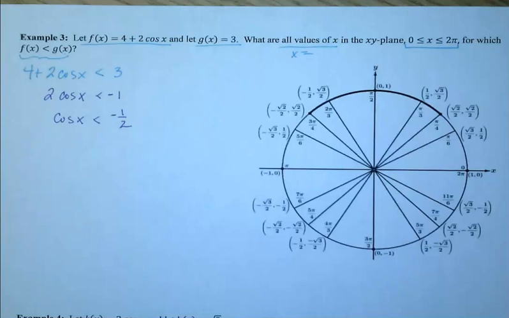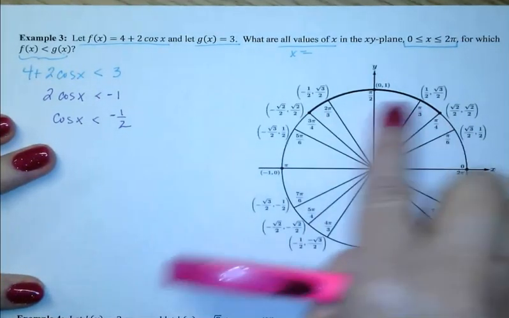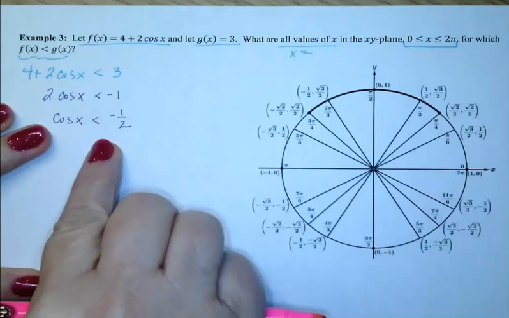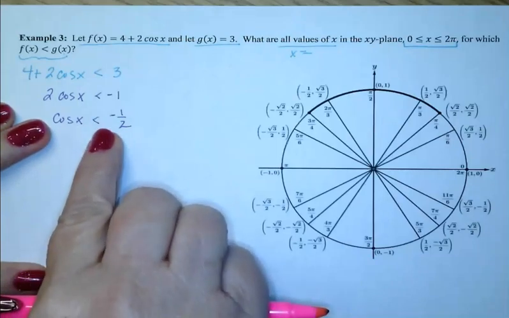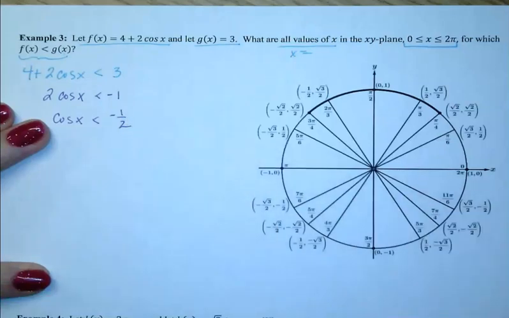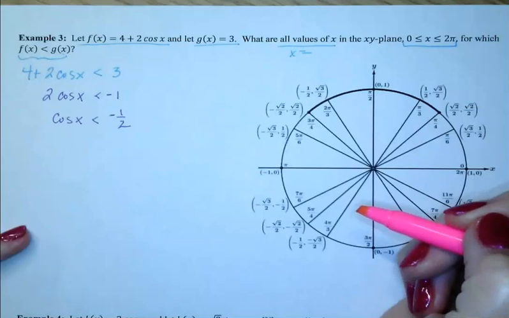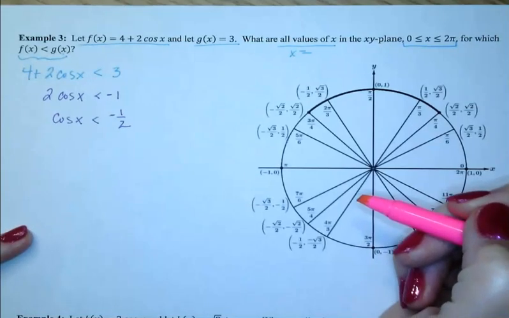All right, so when I'm looking at my problem here, I'm looking at what's the behavior on this unit circle that's going to let me identify what's happening when cosine of x is less than negative 1/2. So the first thing I'm going to do is identify where my cosine of negative 1/2 is.